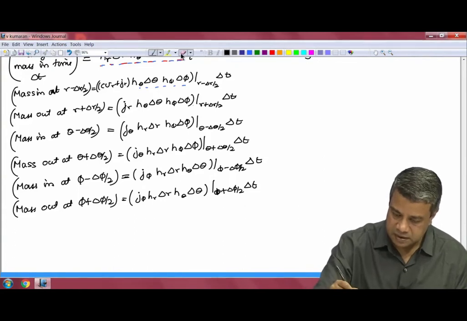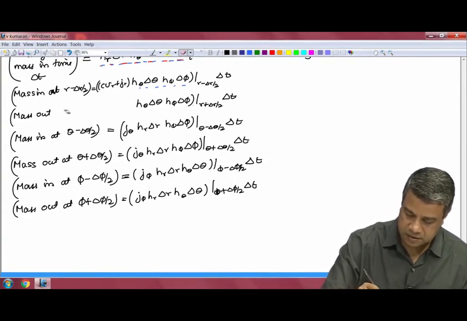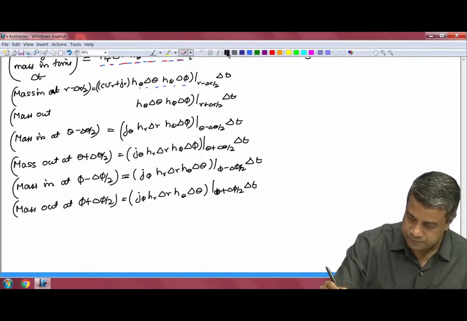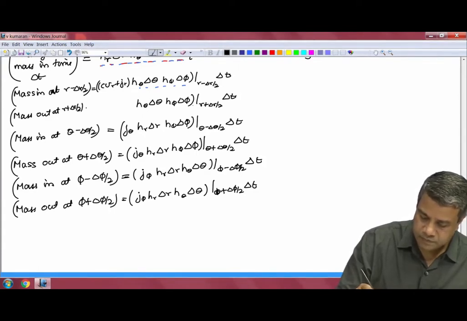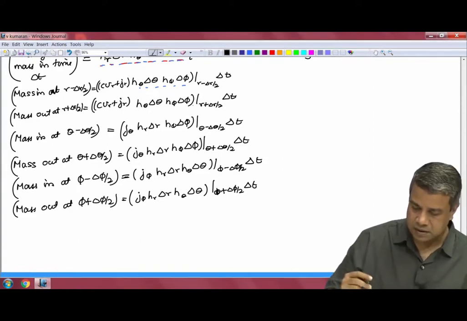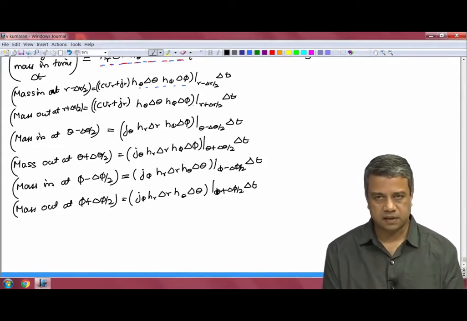The mass out at r plus delta r by 2 is similar. C Vr plus Jr, times h theta delta theta h phi delta phi at r plus delta r by 2.